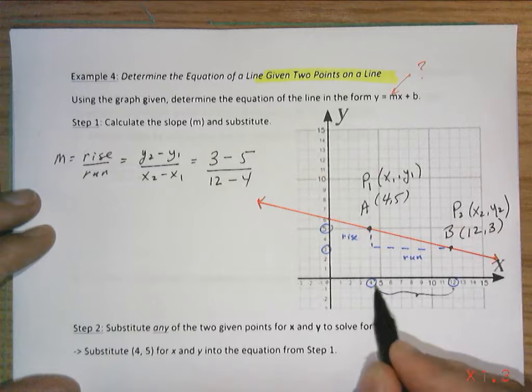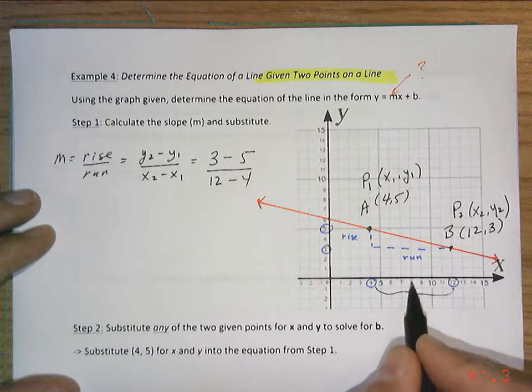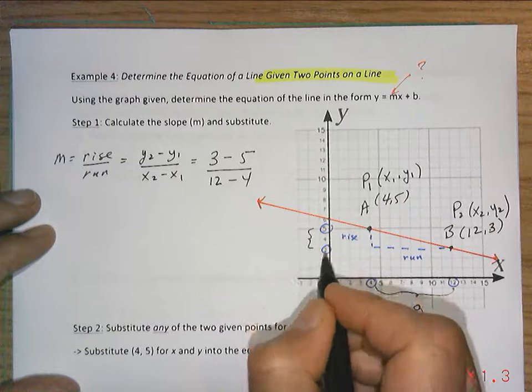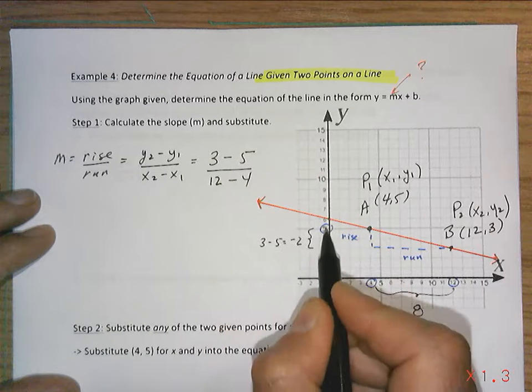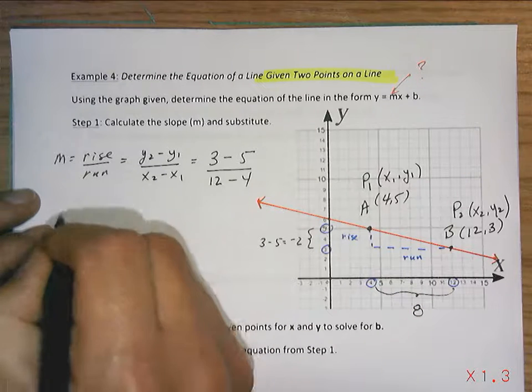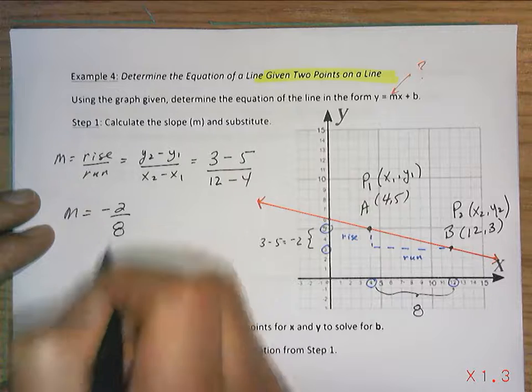If I do 12 minus 4, I'm going to get 8, which is 1, 2, 3, 4, 5, 6, 7, 8. 8 units here. And if I do 3 minus 5, I'll get minus 2, which is 5, 1, 2. So it's a rise of negative 2. So this gives us a slope of negative 2 over 8.